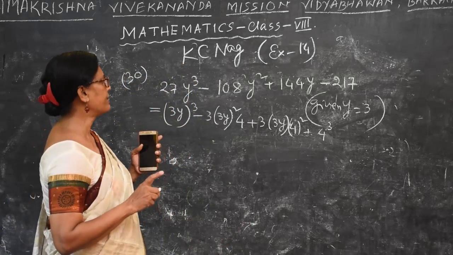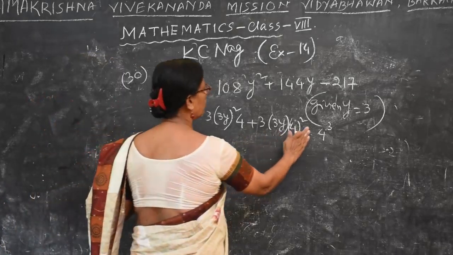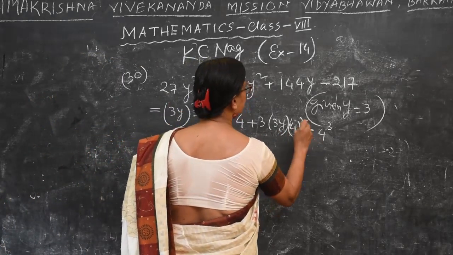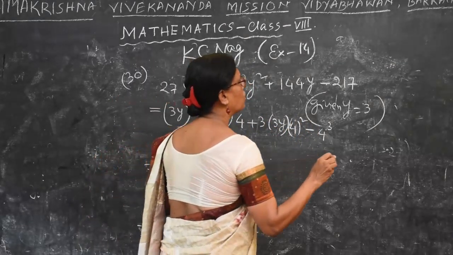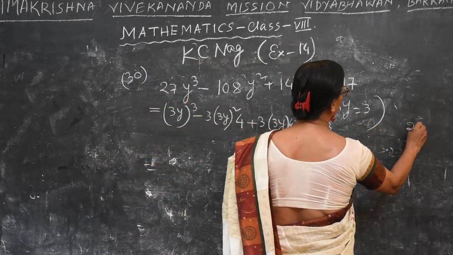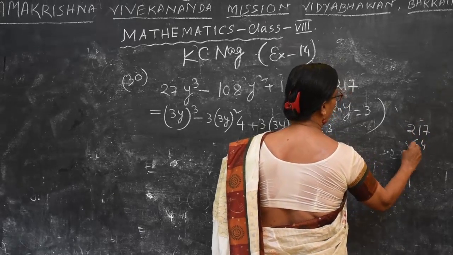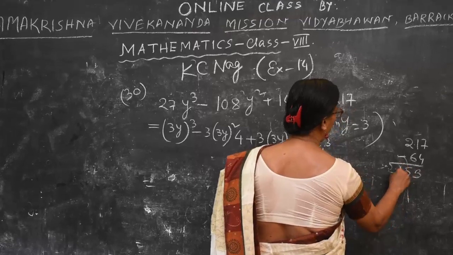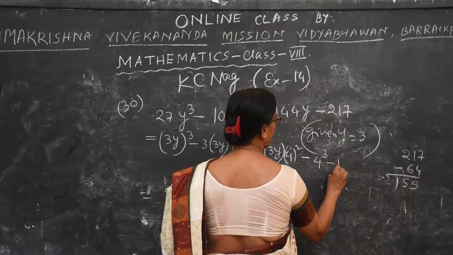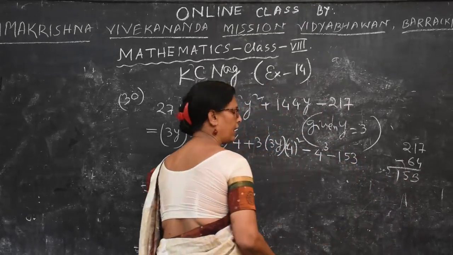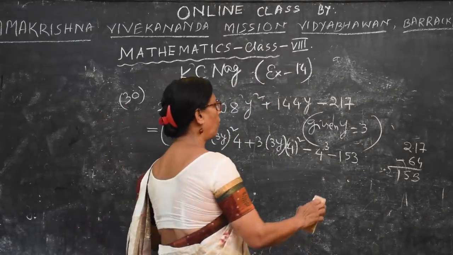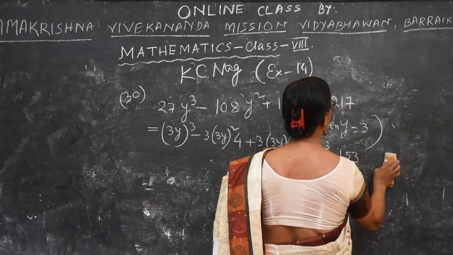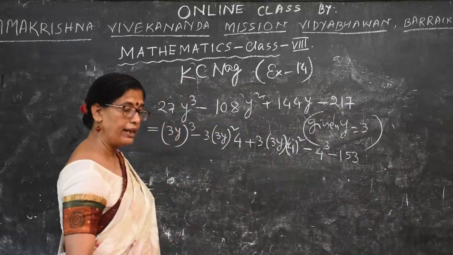It is minus, so this is also minus. 64 is adjusted here. From 217, 64 is subtracted, so left is 153. So it is minus 153.